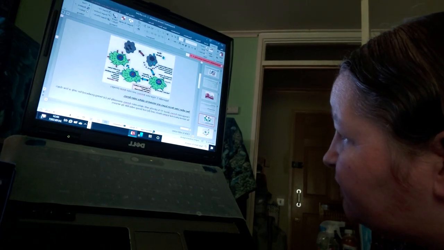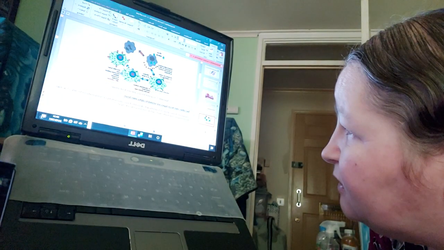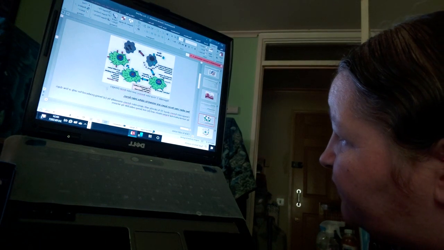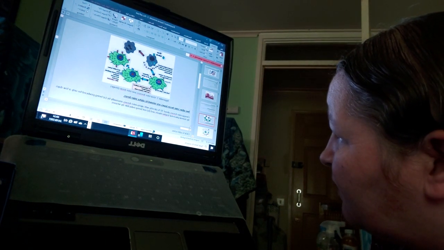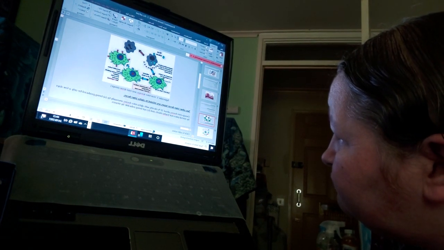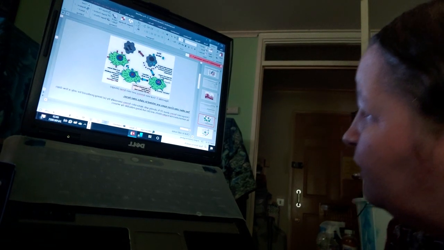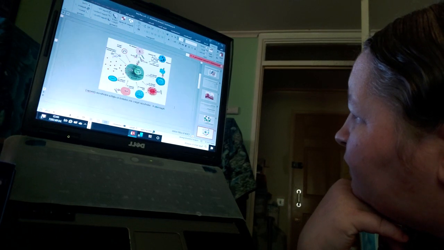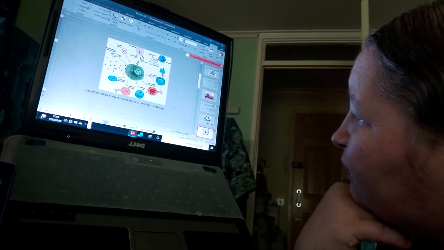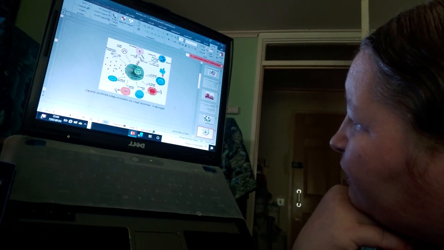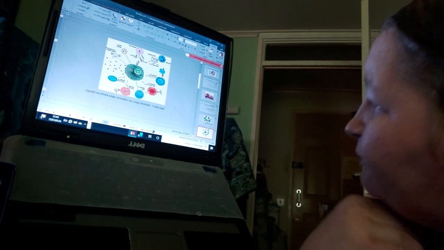This is a picture of interference and interferon. Here's another picture of interferon and a related interferon, alpha interferon.